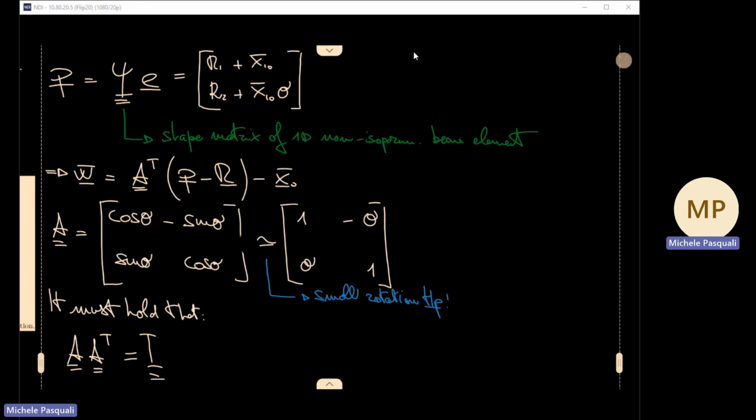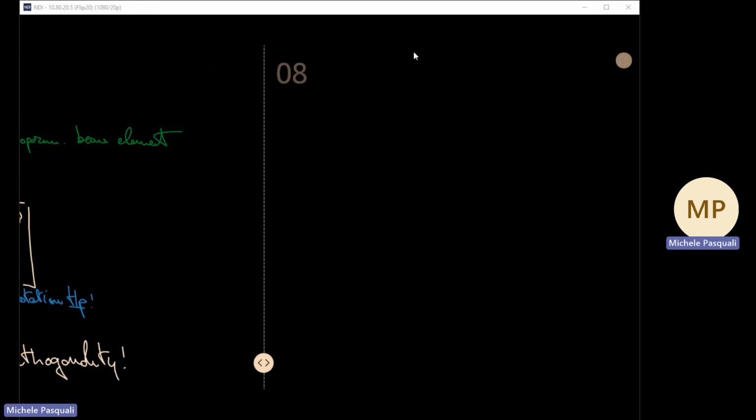What I'm saying is that when I linearize this rotation matrix, I have to always make sure that the property of orthogonality is maintained. So I must check orthogonality. And let's check it actually.